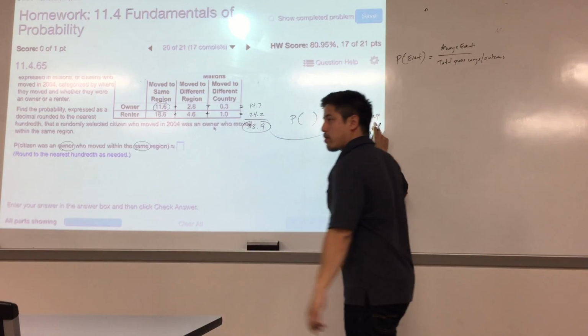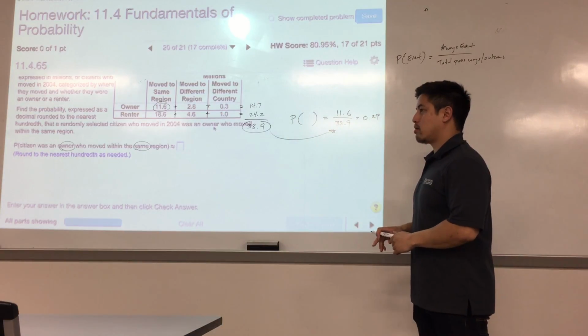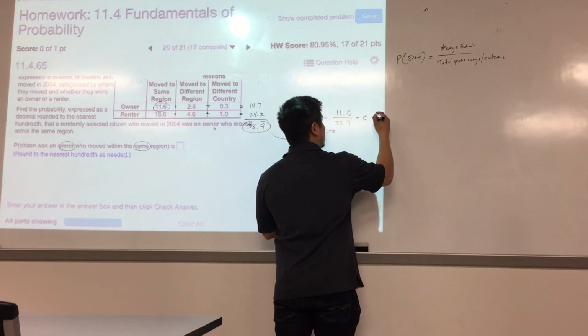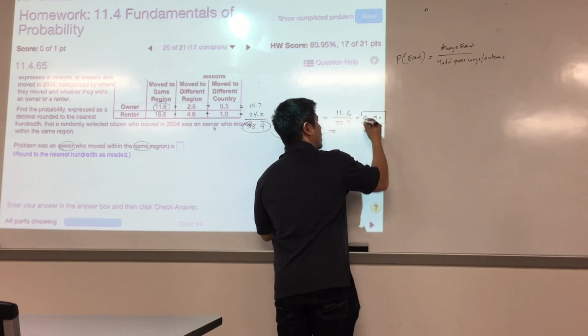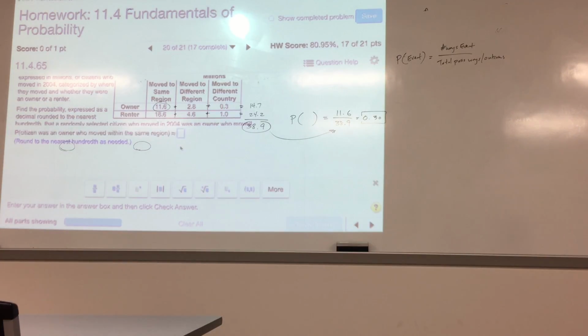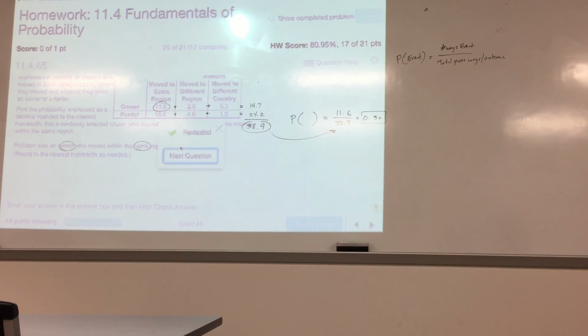Is that round to the nearest hundredth? 0.30. 0.30. Okay. Do we have an agreement, everybody? Yes? Okay. So 0.30. There it is. Good job. Does that make sense, guys? This one can be tricky if you don't know that that's what you need to do, but there you go.